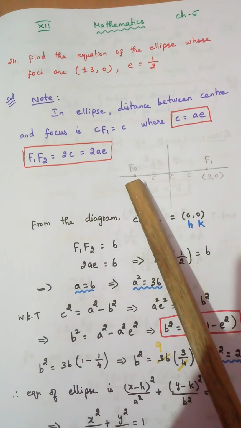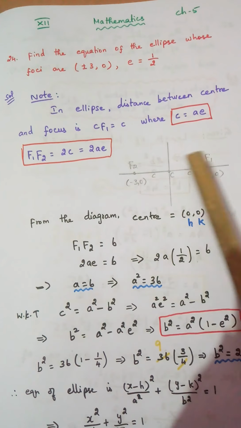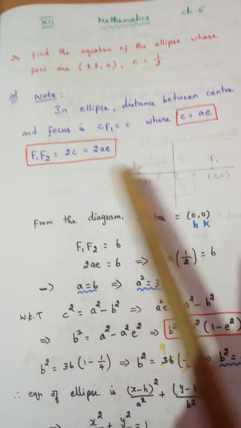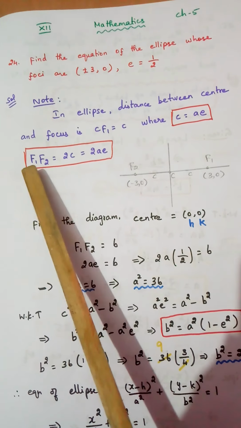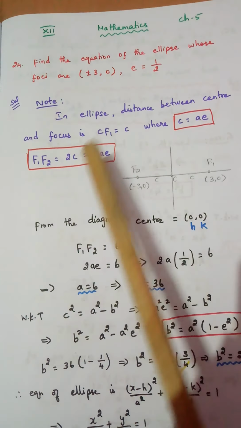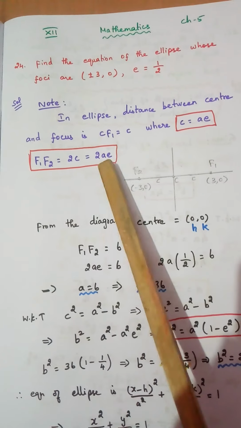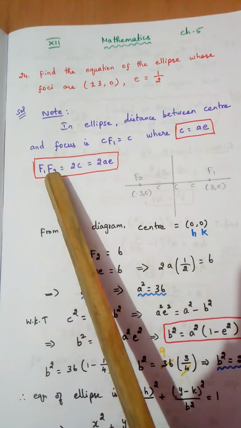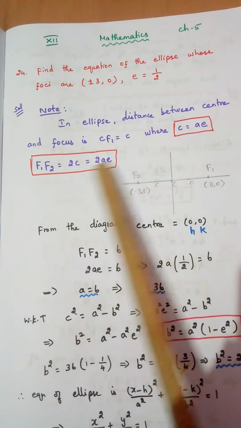Center to other focus, again the distance is c. So what is the distance between F1 and F2? c plus c, 2c. F1 and F2, distance between two foci is given by 2c. c means ae, so 2ae. Hereafter, if I ask you what is the distance between focus 1 and focus 2, you should say 2ae.